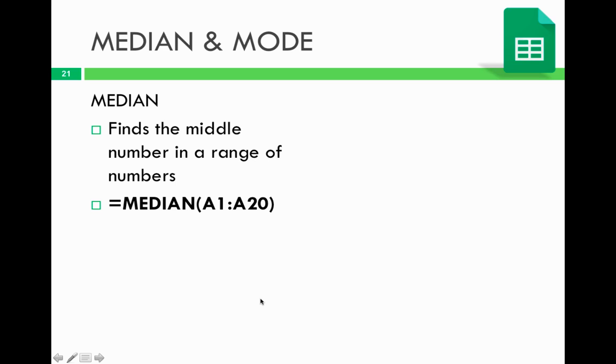We had to sort them from lowest to highest, and then you could find the number in the middle of the range. The nice thing about the function here in Sheets is that you don't have to pre-sort the numbers. The median function will figure it out for you. It will sort them and then find the number in the middle. So you do not have to pre-sort your numbers to use median, which is really nice.